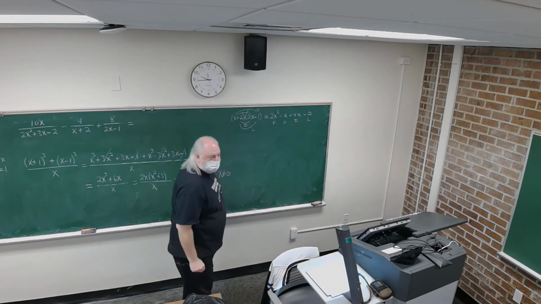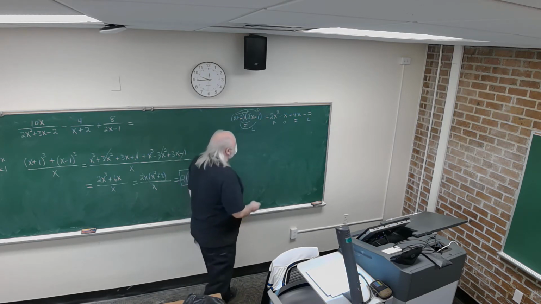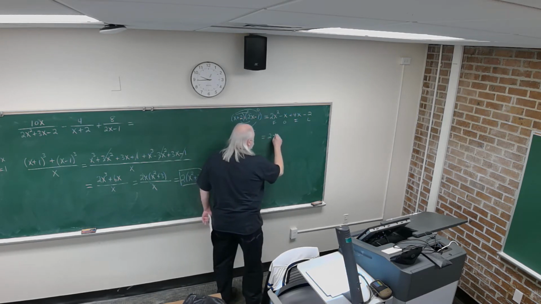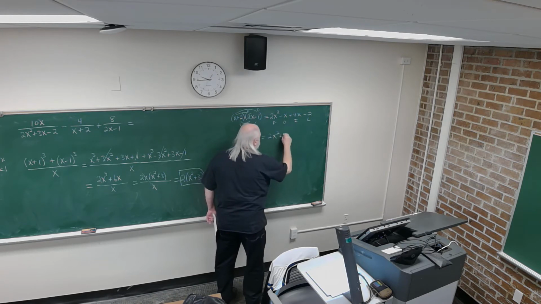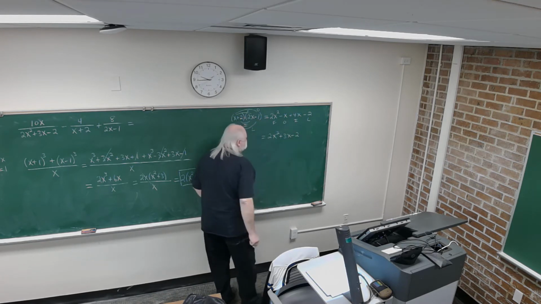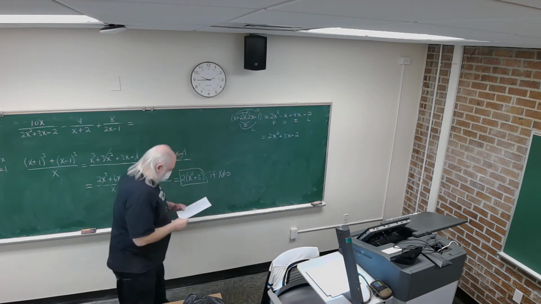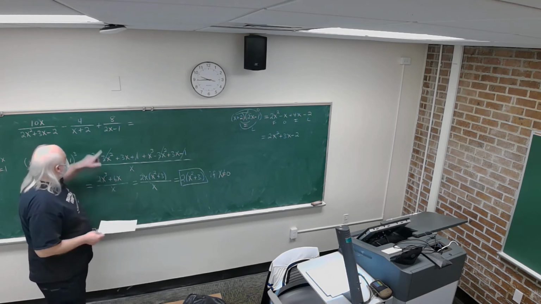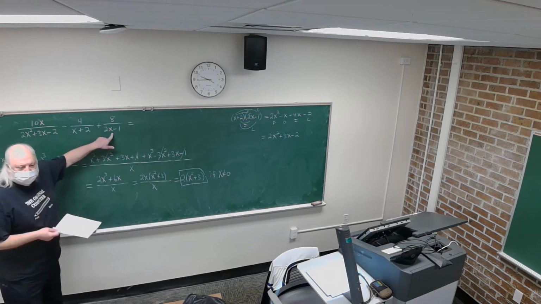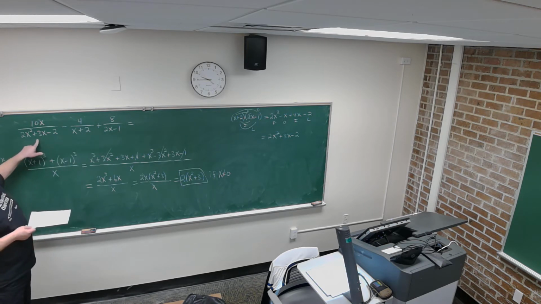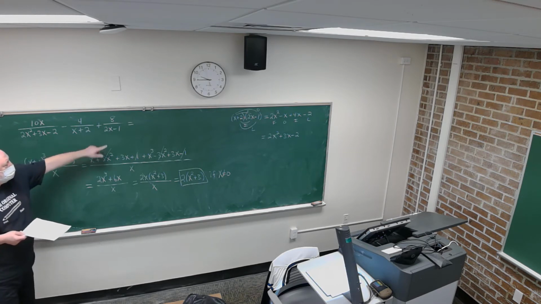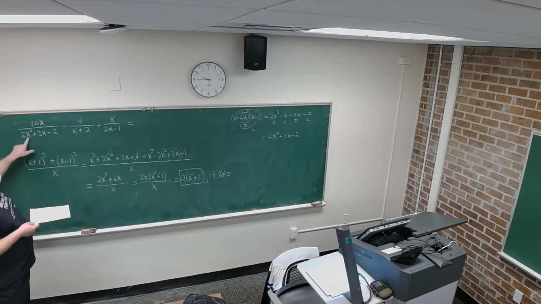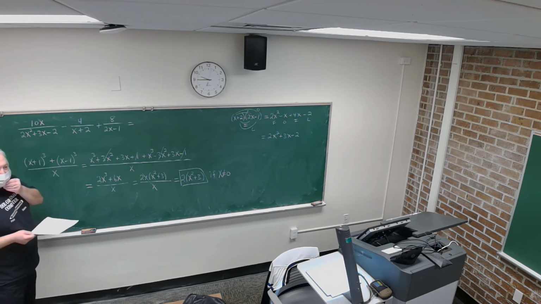FOIL, F-O-I-L. And now when you simplify like terms, minus x plus 4x is 3x. So it turns out the product of these two denominators is equal to this denominator. So our common denominator is x plus 2 times 2x minus 1 equal to 2x squared plus 3x minus 2.